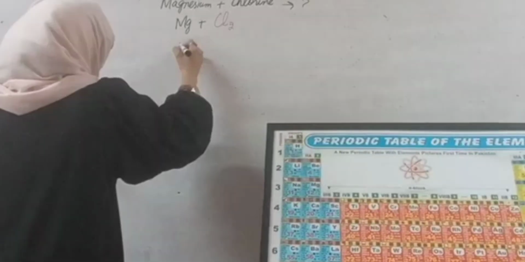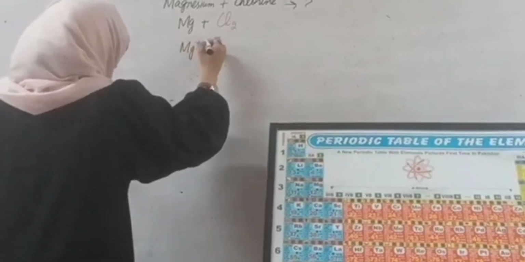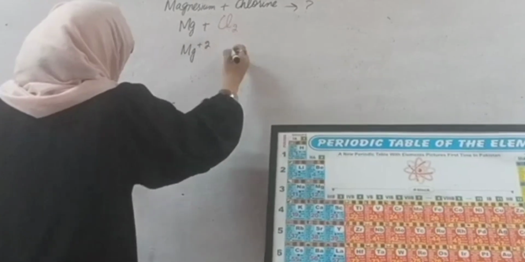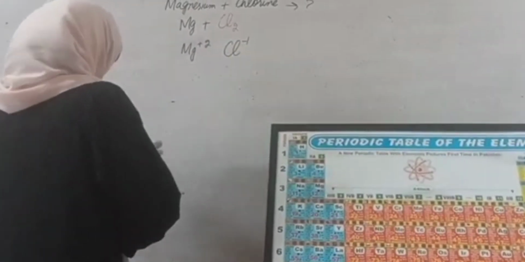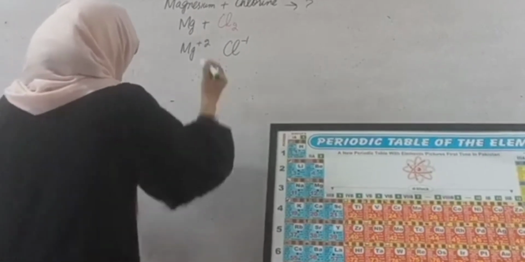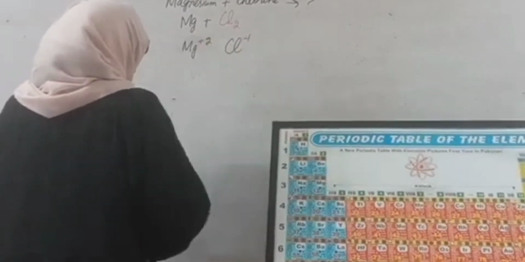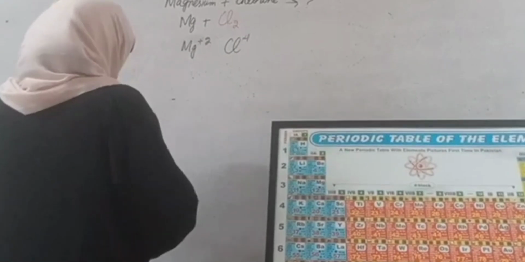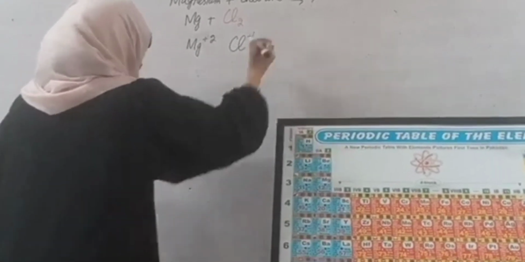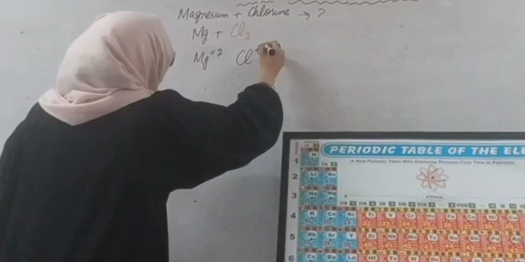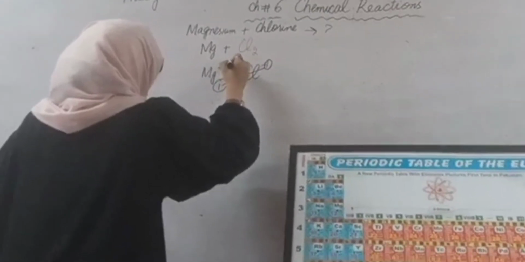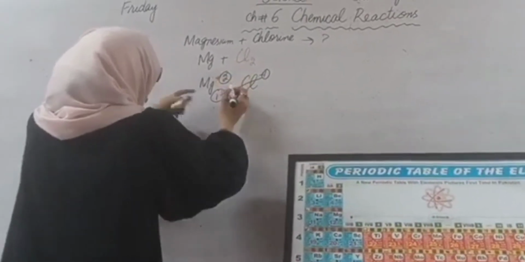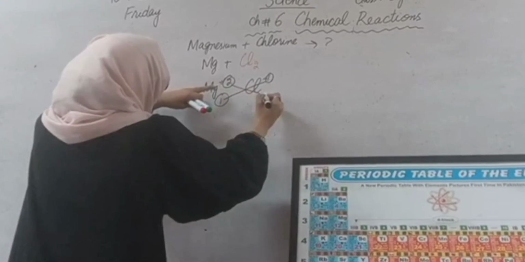Magnesium has charge +2 and chlorine has charge -1. And you know that we take the opposite sign. The one charge number will be moved towards the other bottom, and the 2 from magnesium goes to the chlorine bottom.